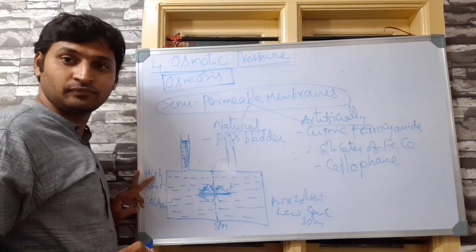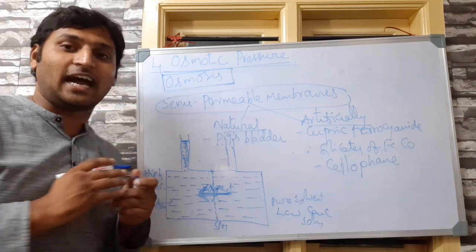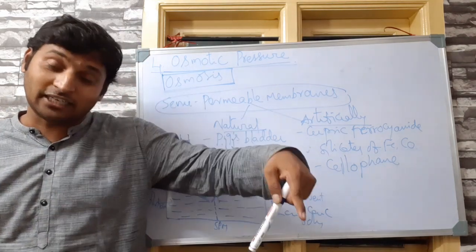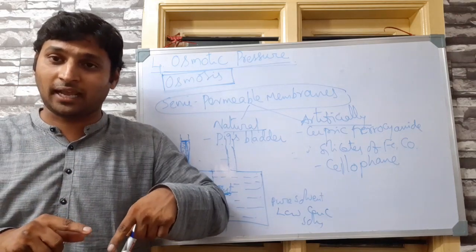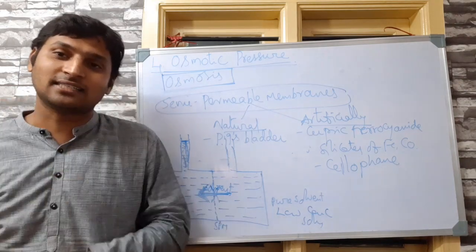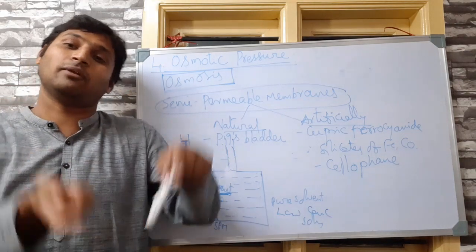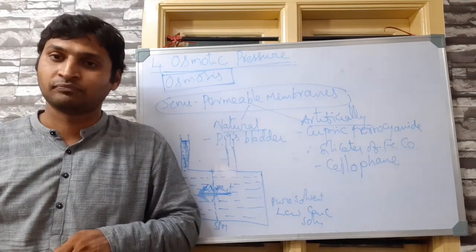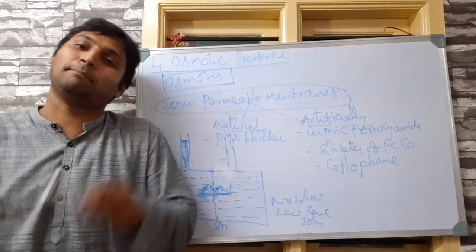to this side. That excess hydrostatic pressure on the solution side, separated from pure solvent by semi-permeable membrane, or on the higher concentration solution side, separated from lower concentration solution by the semi-permeable membrane, in turn stops the process of osmosis.